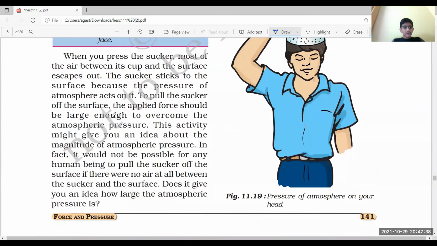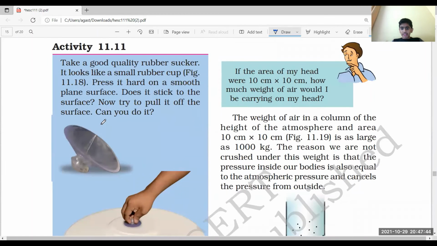So, when we talk about atmospheric pressure, there is an experiment. According to this experiment, there would be a question: why don't we get crushed under this weight in the atmosphere?